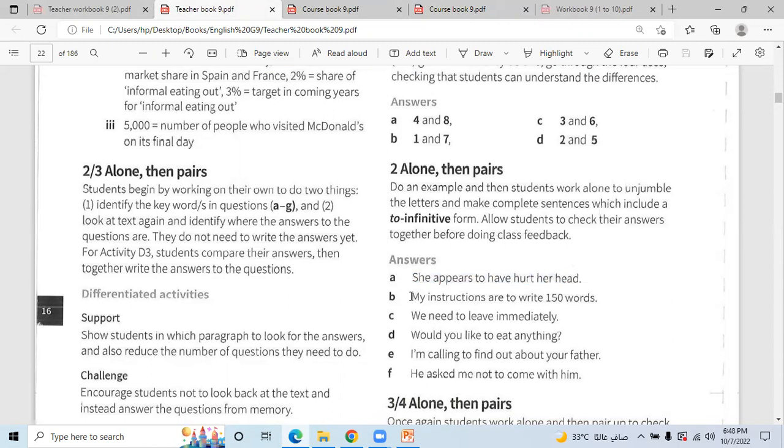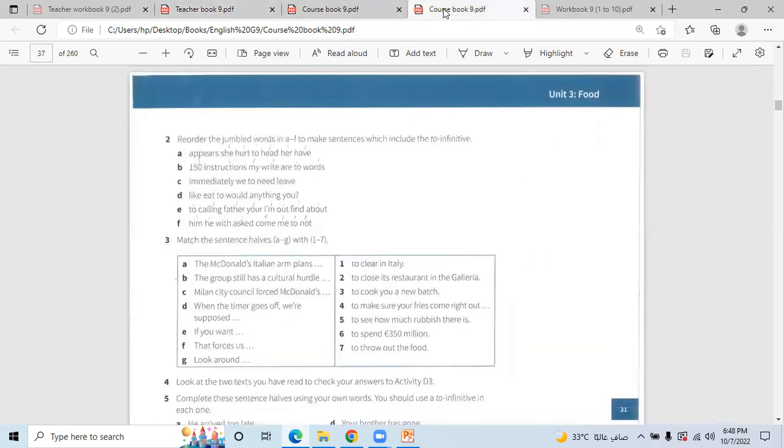B is my instructions are to write 150 words. You can see here too. We need to leave immediately. Would you like to eat anything? I'm calling to find out about your father. He asked me not to come. Right, so this is how you are going to complete the answer of this D2.